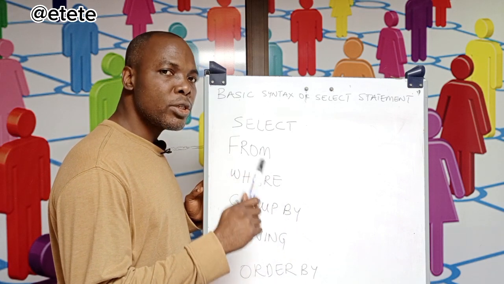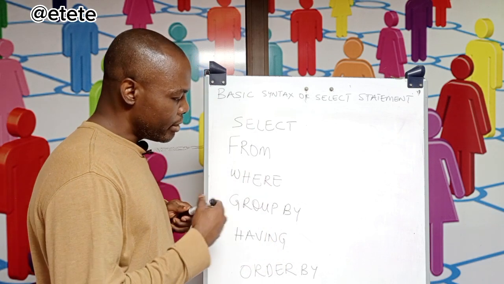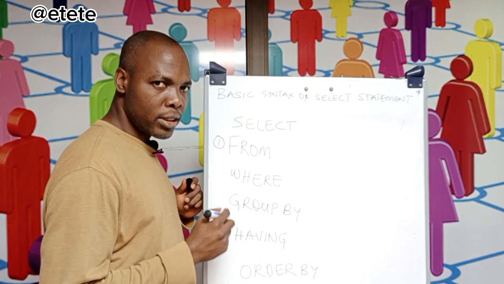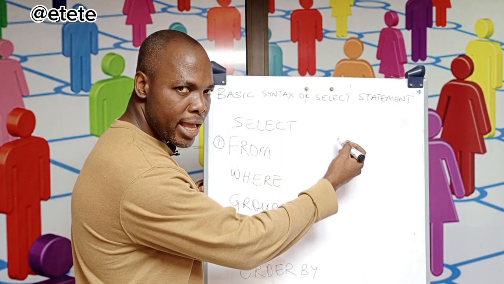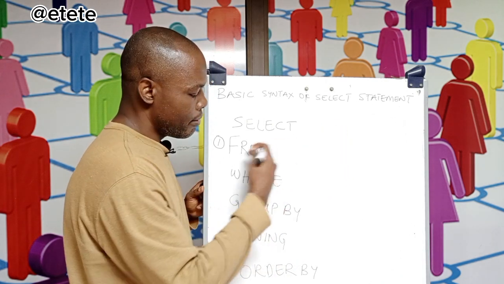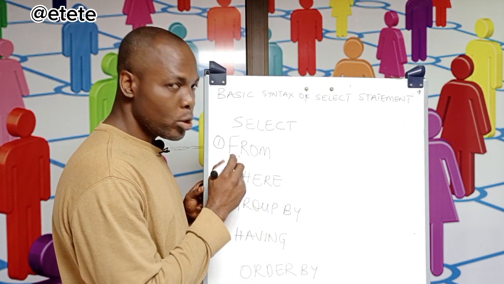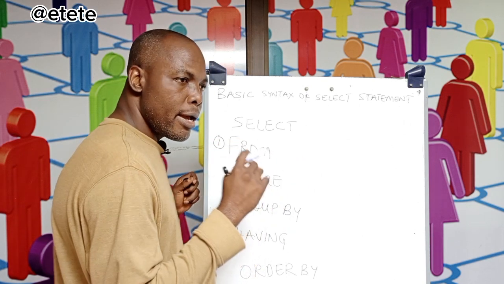So the first thing is you have to identify the source. The from clause is actually where the source starts from, because you are going to say select star, which is everything from, but if you read it that way, there will be a problem. So you start from the source, which is this.